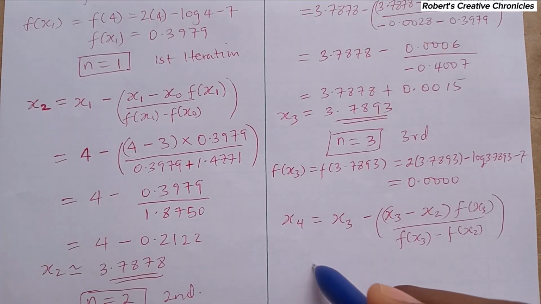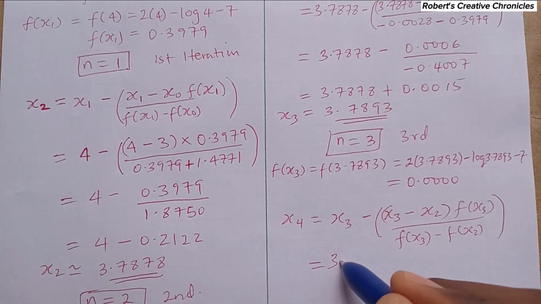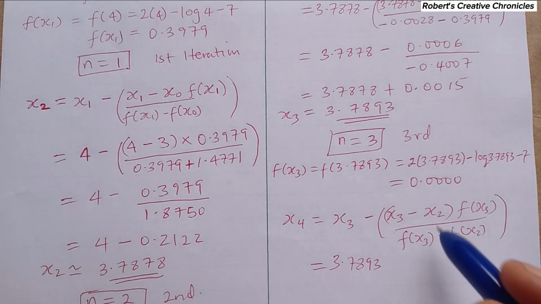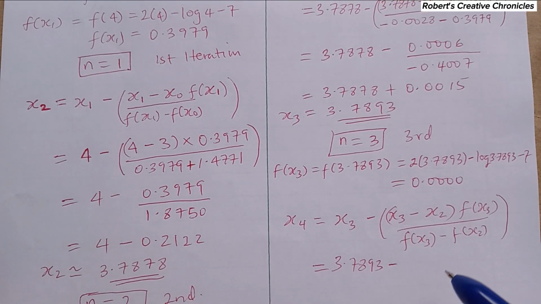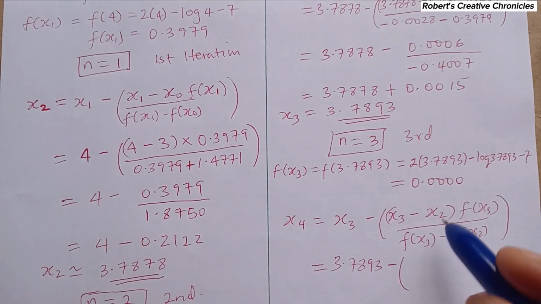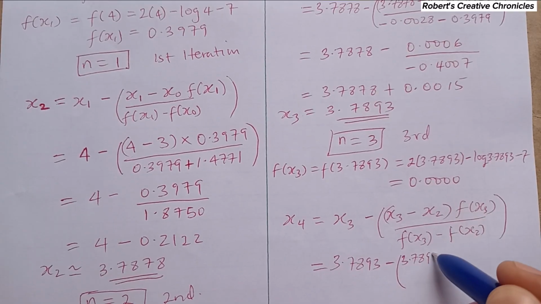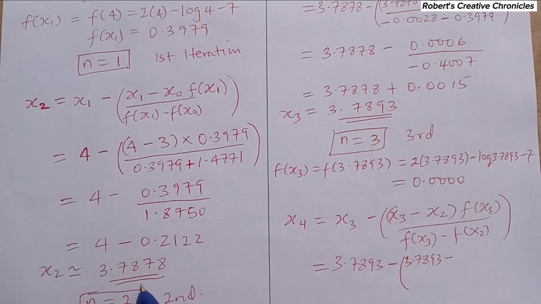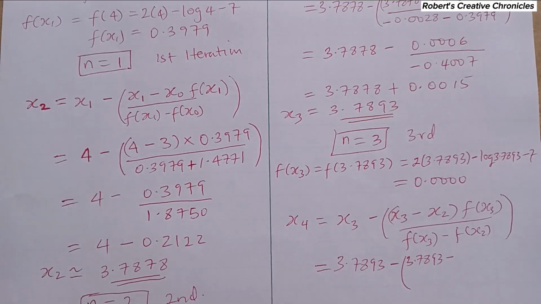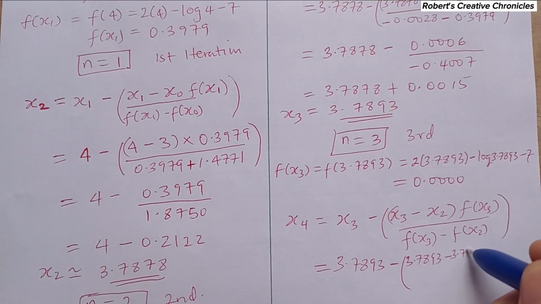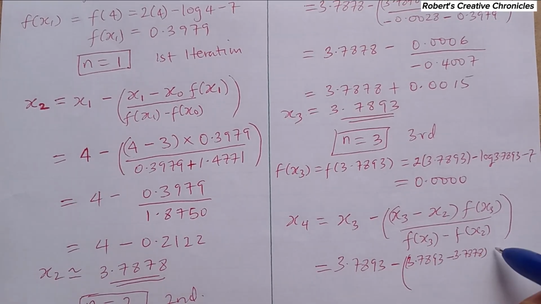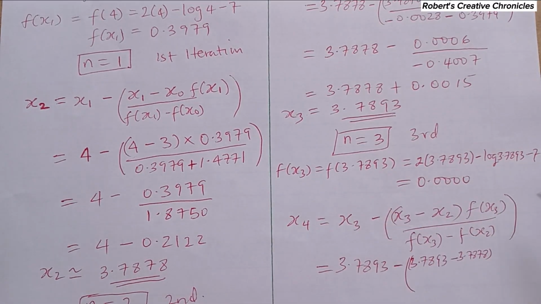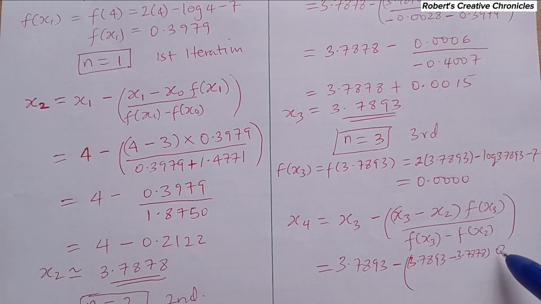So now we'll substitute these values inside. x3 is 3.7893, then minus x3, which is also 3.7893 minus x2. x2 is 3.7878. Then fx3 is what? fx3 is 0. So you can see that this whole term will be 0.